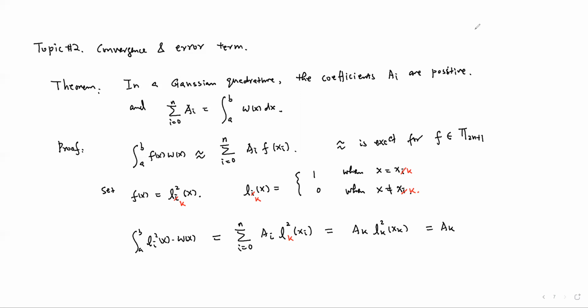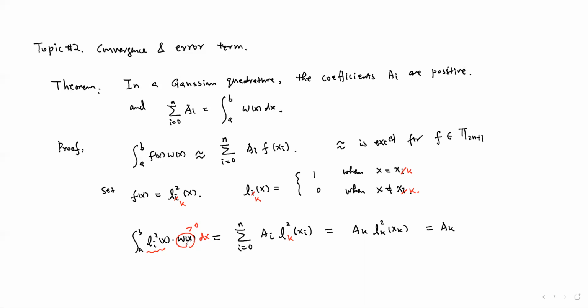How about the left hand side? w greater than 0, and this Li square at least at some point is 1. So the integral is an area, the area under the graph of this product and above the x-axis.